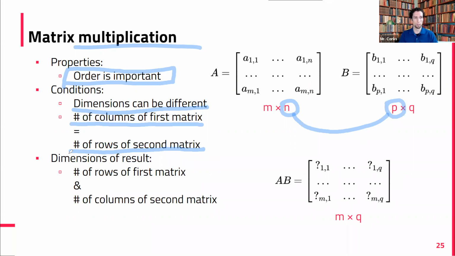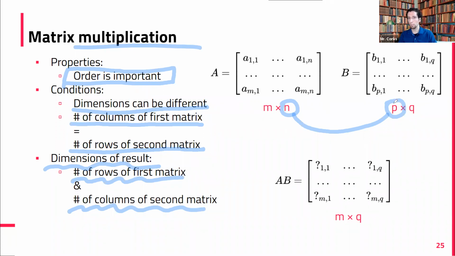We can get another thing from the dimensions: how big will the result be? The result will have the number of rows of the first matrix and the number of columns of the second matrix. Those are the outside numbers.